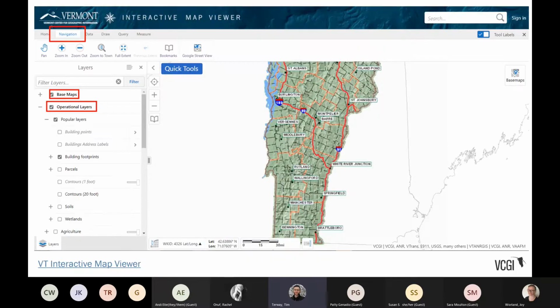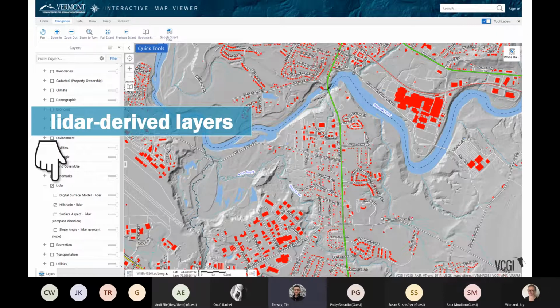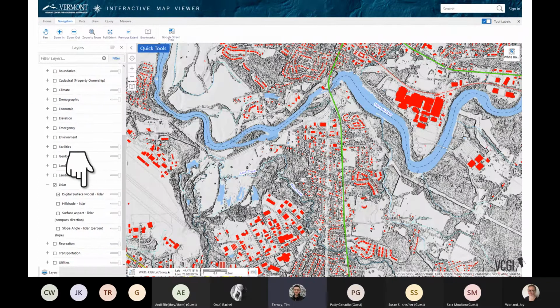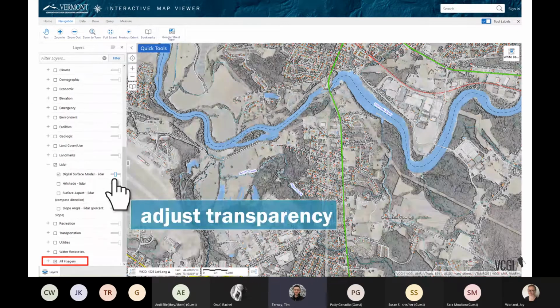And I want to give right now just an overview of some of the functionality that's available inside something like the interactive map viewer. You can see on the left-hand side, you have preloaded GIS layers like base maps and different operational layers, but you can also toggle different kinds of layers off and on, like the LiDAR example here. The digital surface model I was talking about.